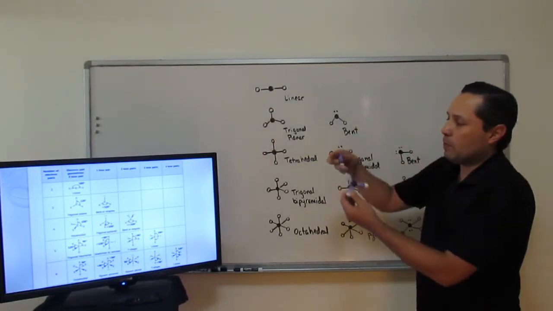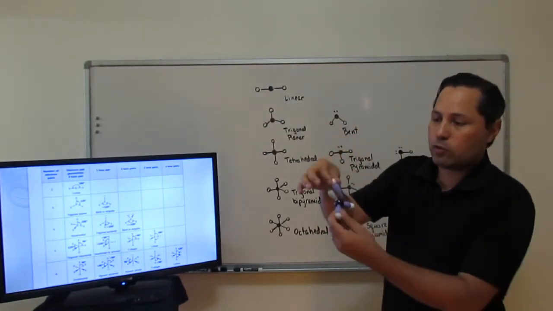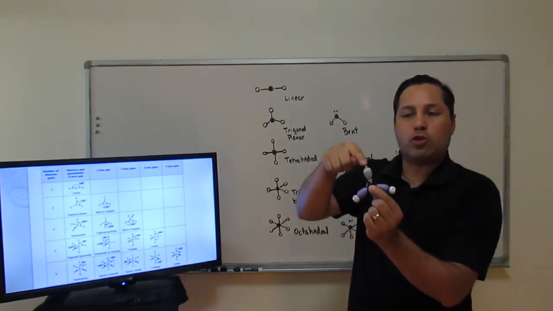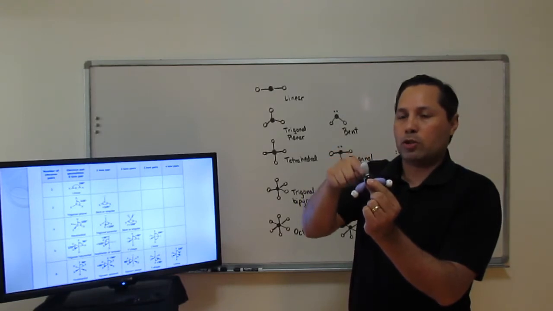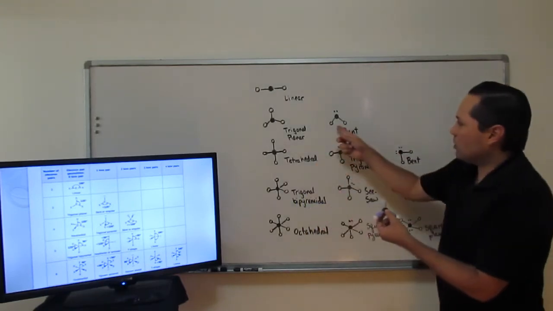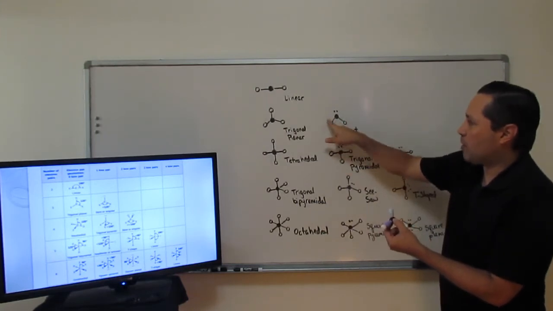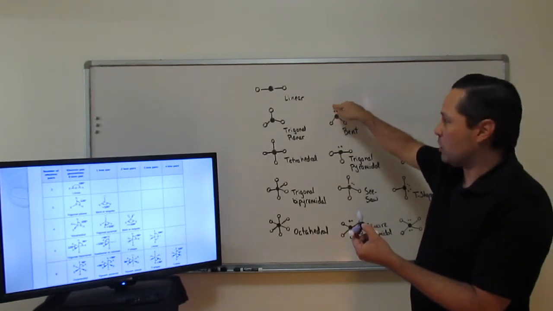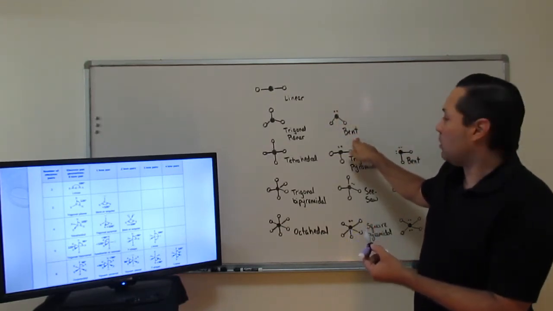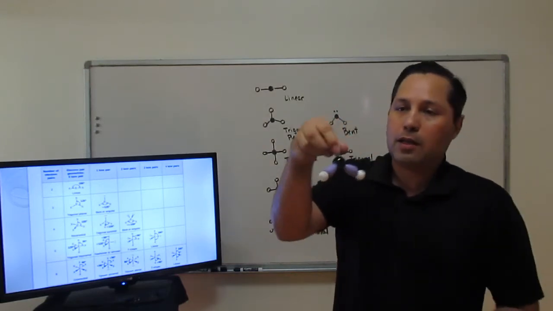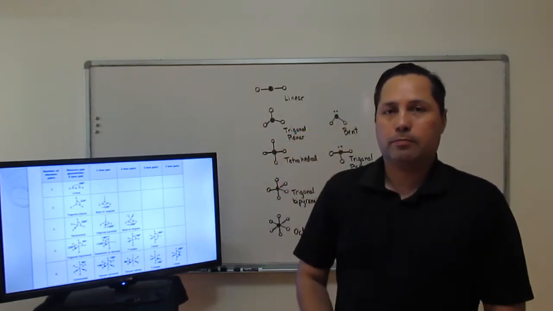But once we replace that shared pair of electrons with a pair of unshared electrons, unshared means that there's no atom there that they belong to, they're not sharing them, they only belong to the central atom. So then I would describe this as having 2 shared pairs of electrons and 1 unshared pair of electrons. There's a name for that one. It's called bent. And you can see that because it is not a straight line, it is a bent molecule.